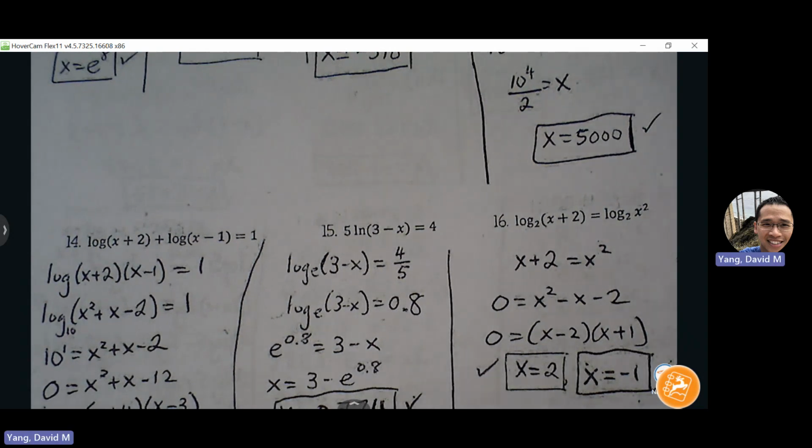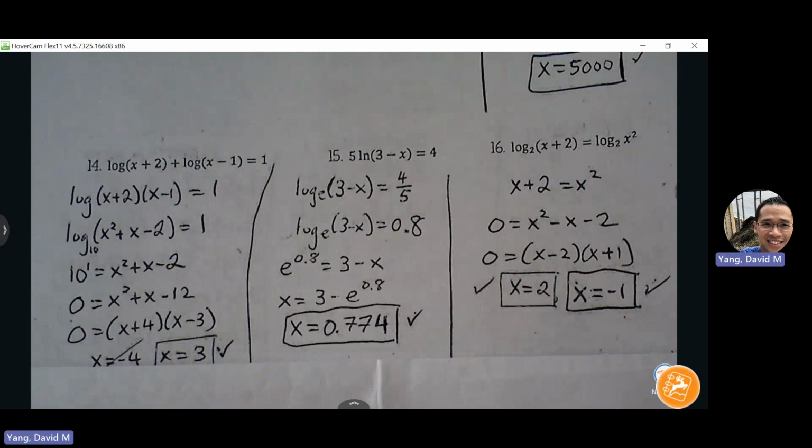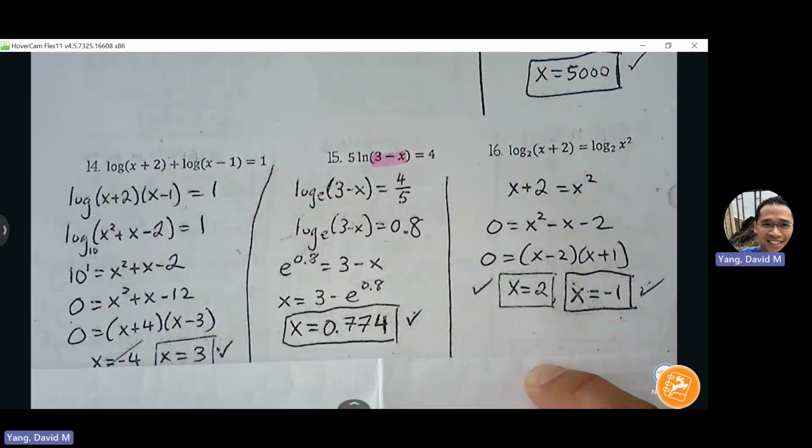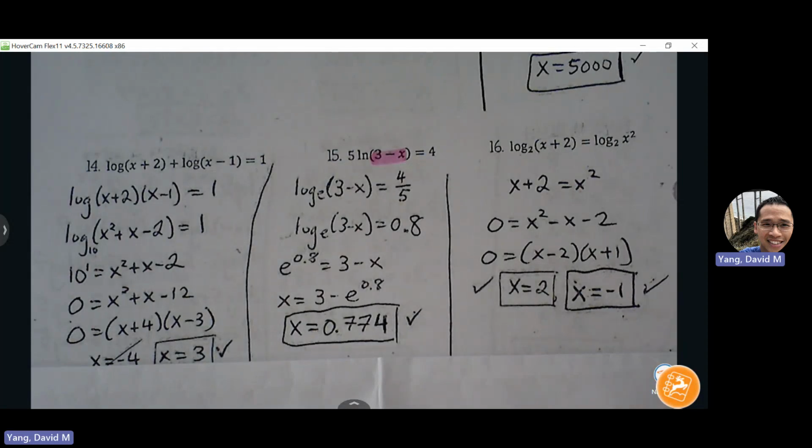Double check your solution with your parentheses, right? You want to make sure that there's no conflict. 0.774 is not going to create a conflict, so we're safe.